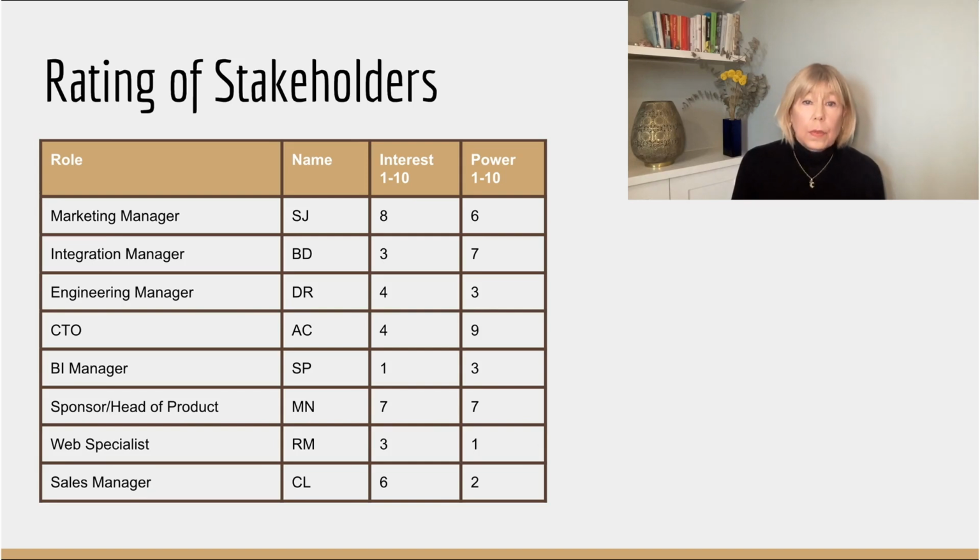This is an example of what a stakeholder rating could look like. You can choose if you want to rate on a 1 to 5 scale or 1 to 10, or you might even choose 1 to 9, which would prevent anyone from being completely in the middle. I have filled in some ratings here in advance just to enable our chart next.